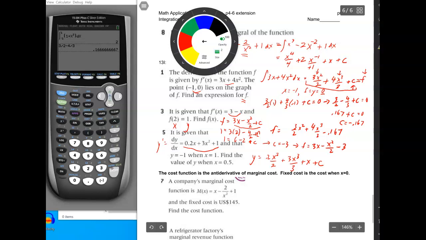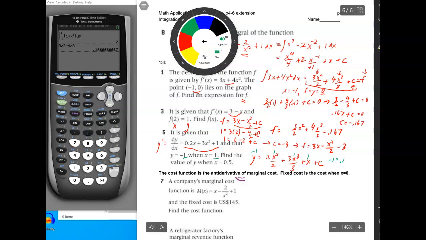And then they're giving us an x value of 1 and a y value of negative 1. That allows us to find out what c is. So I'm going to put 1 here, 1 here, 1 here, and then I'm going to put negative 1 in for y. Okay? So that means the left side is negative 1 equals, and then 1 times 0.2 divided by 2 is equal to 0.1, right?